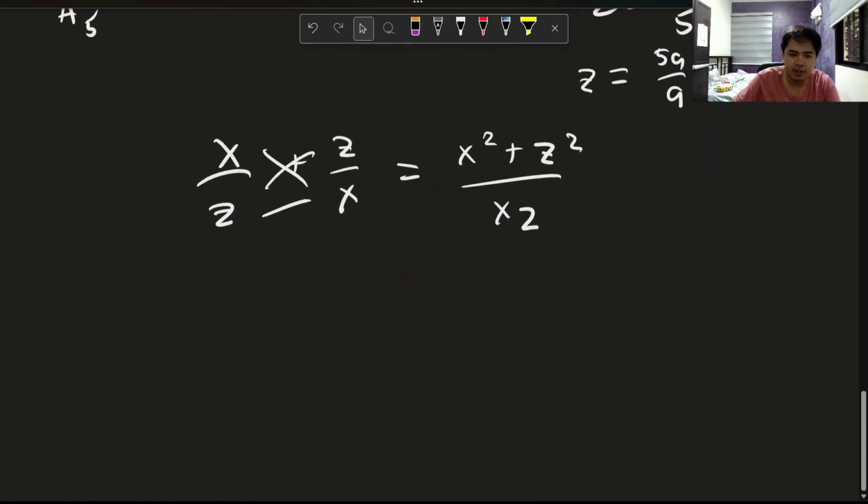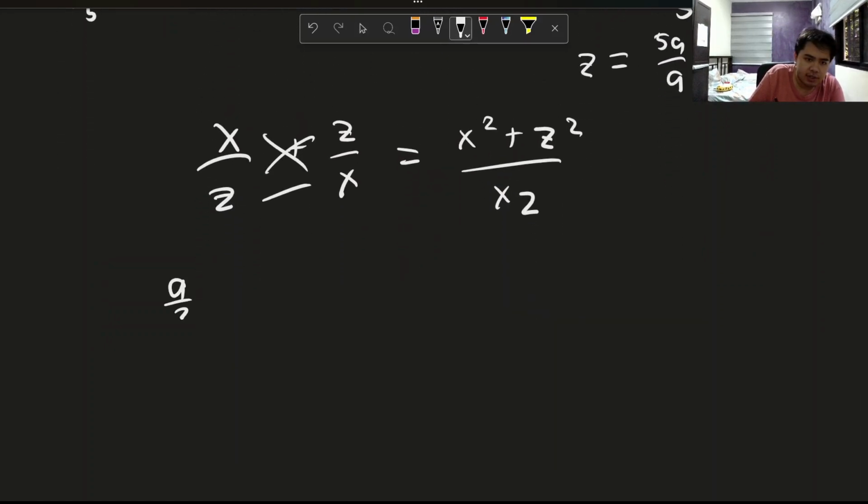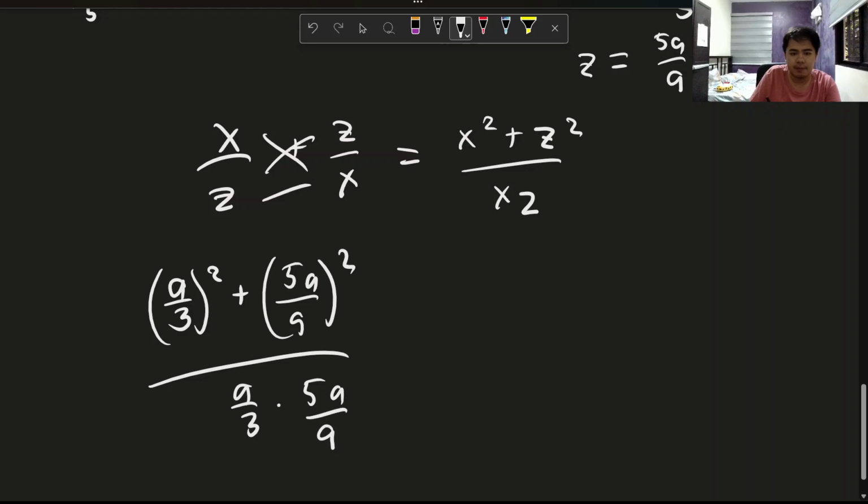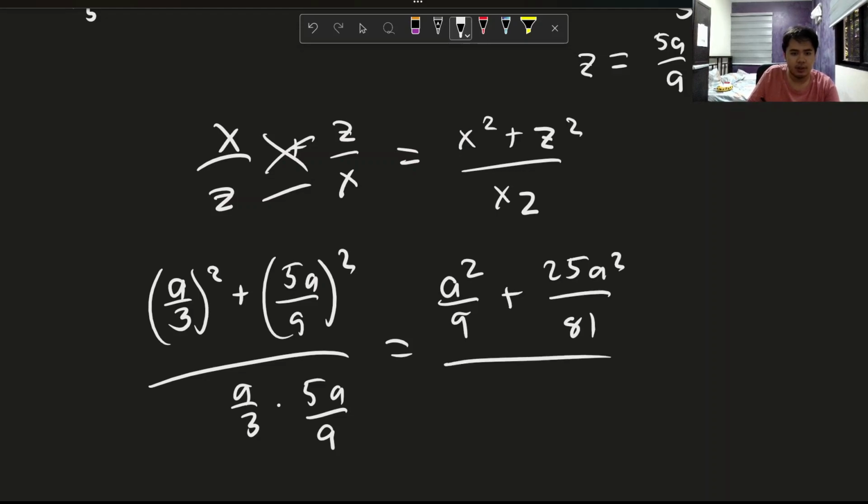So x was a over 3, so a over 3 quantity squared plus 5a over 9 quantity squared, over a over 3 times 5a over 9. All right, let's expand this. So a squared over 9 plus 25a squared over 81, over 5a squared over 27.